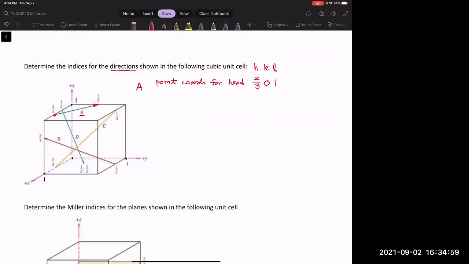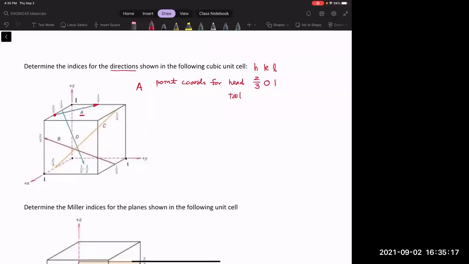HKL represents the indices of a point of the atom in a unit cell in three different directions. And then you also need to find the tail.